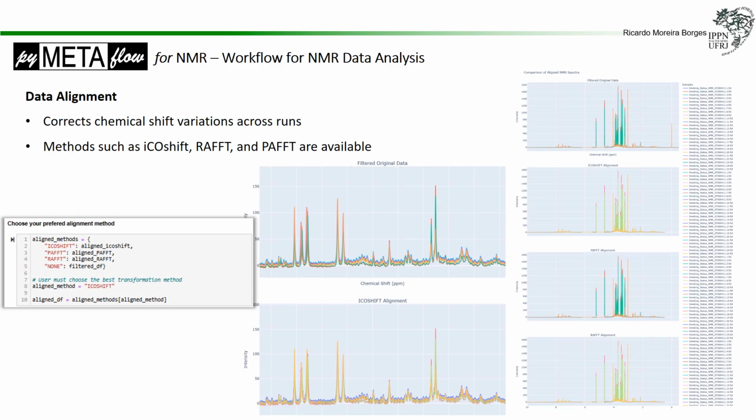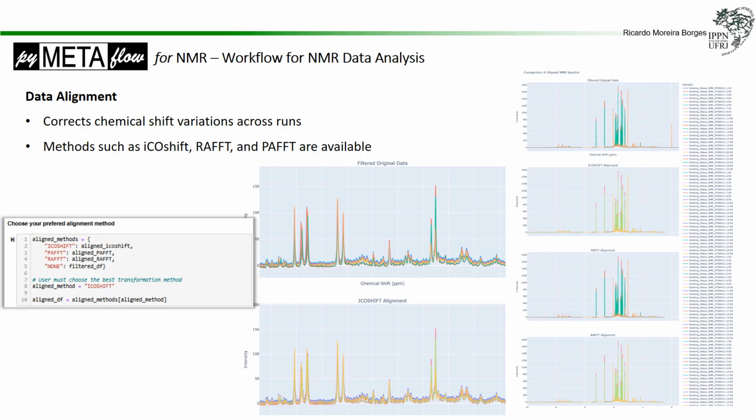So now that the data is referenced, the useless parts are removed and the samples are filtered, the useless samples, you can just go for the alignment, right? And that was a big part of this because alignment is not very well done by MNova.